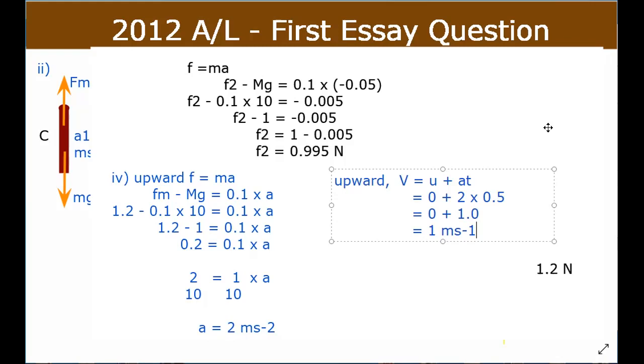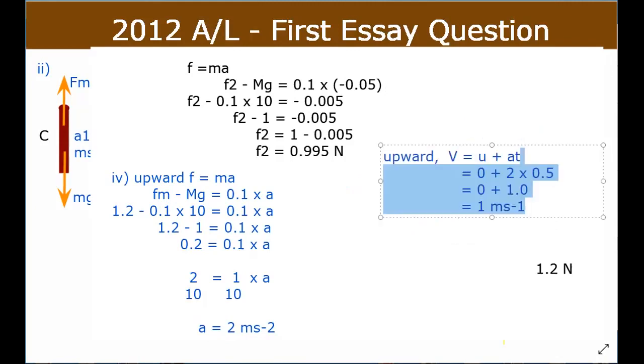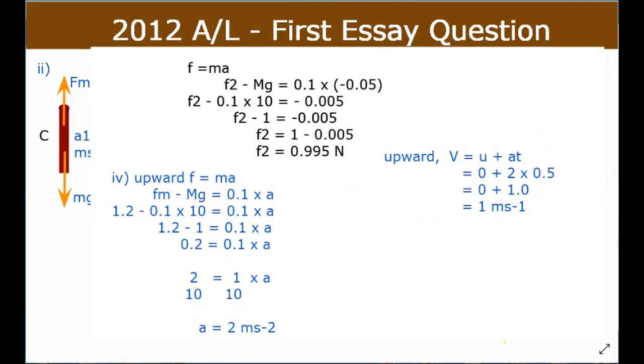So what is the displacement here? I think they have asked the displacement also in the next question. If they ask you to find displacement, what should you do? We found the velocity. The segment C moved under this maximum force of 1.2 Newton for a period of 0.5 seconds. We want to find the displacement also. How do you find it?